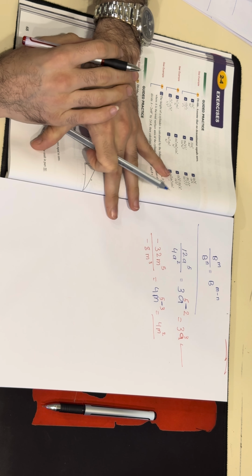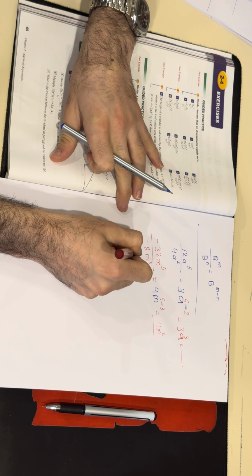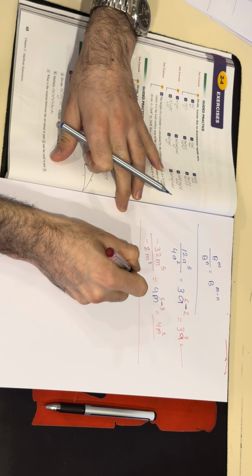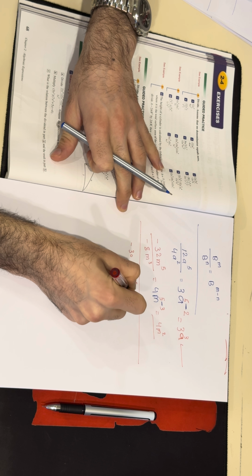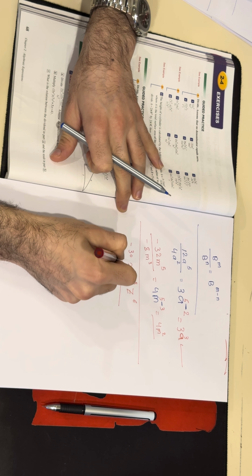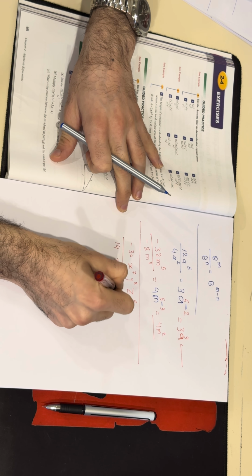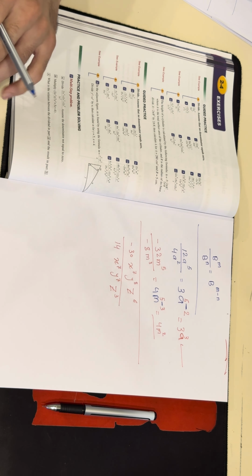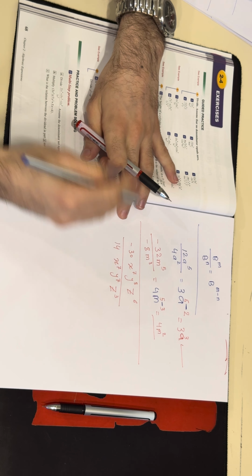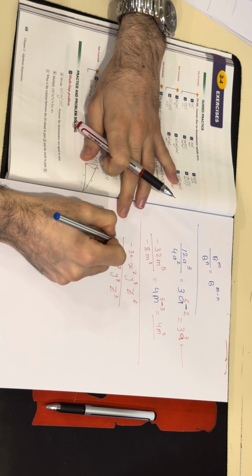Now, what if I have another question like negative 30 x power 7 y power 8 z power 6 all over 14 x power 7 y power 7 z power 3? In this case, what should I do? First of all, 30 is not divisible by 14 immediately, but we can simplify it because 30 over 14 is not the simplest form.